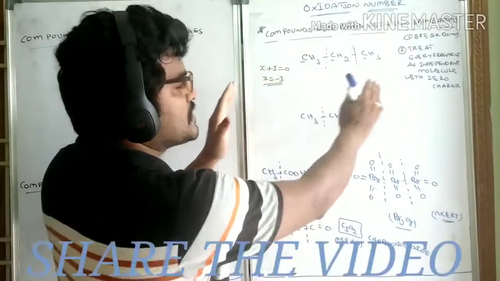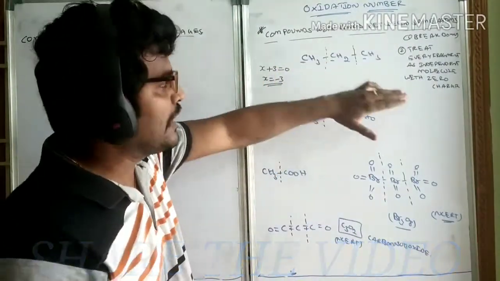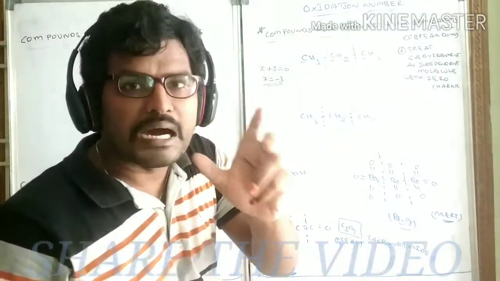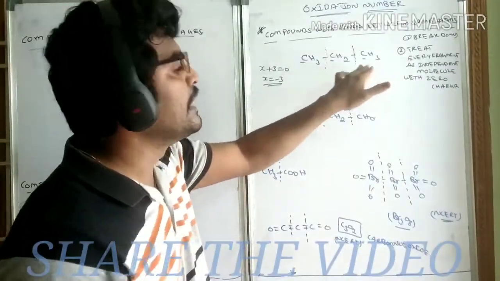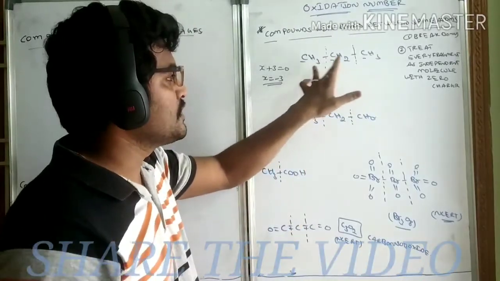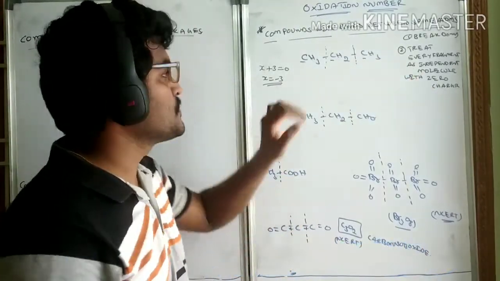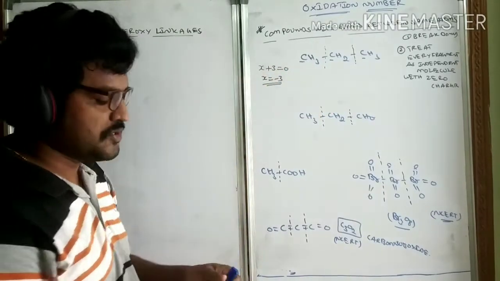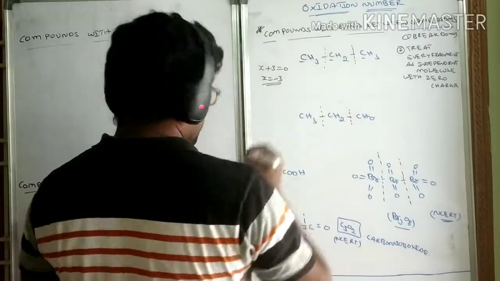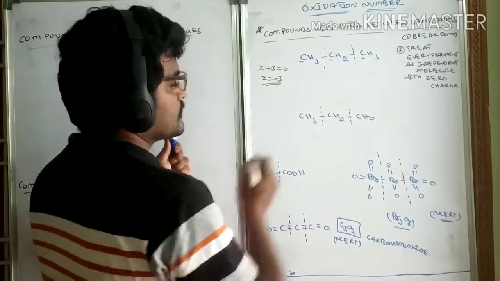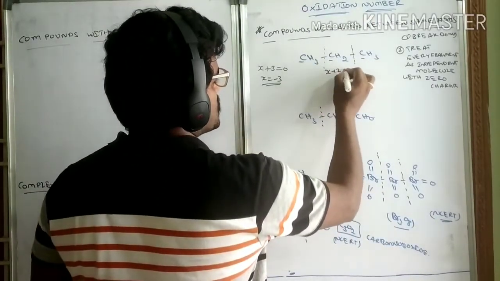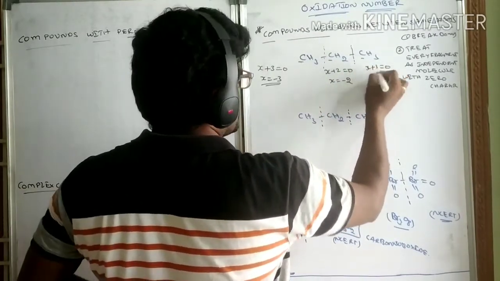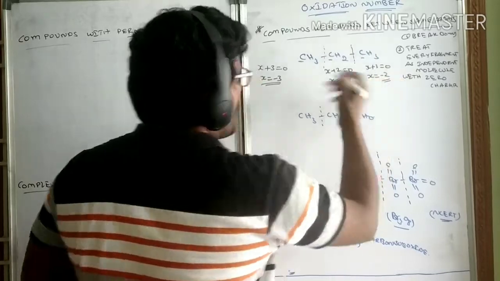So here I am just telling you a method to identify the oxidation state of a particular species or particular carbon atom whenever it is present as individual fragments, whenever they are asking about individual fragments. Here this fragment is there, X plus 3 equals 0, so it is minus 3. Here X plus 2 equals 0 and X equals minus 2. X plus 3 equals 0 and X equals minus 2. Done.